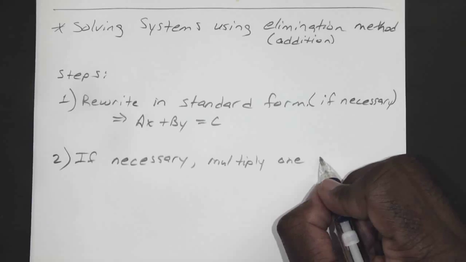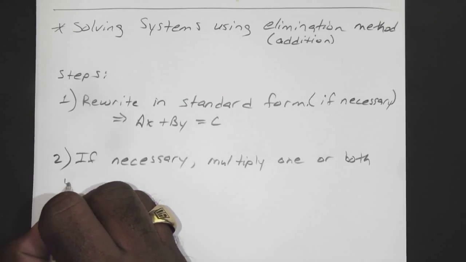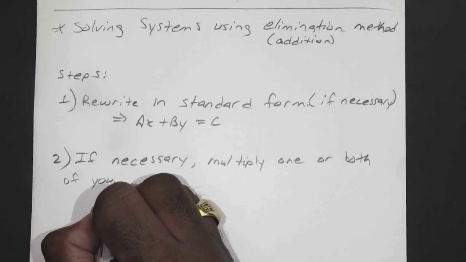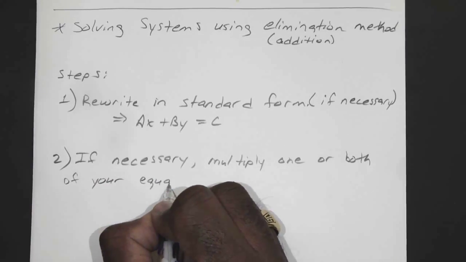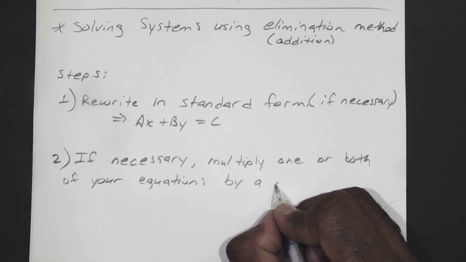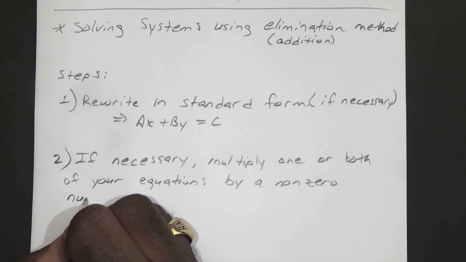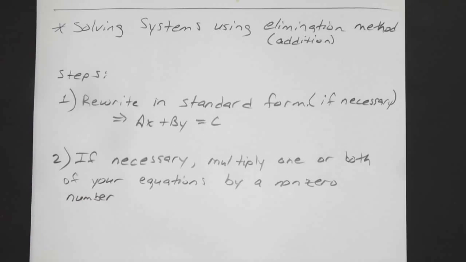But if necessary, multiply one or both of your equations by a non-zero number. And you want to do that because once you add them together, you want either your x or your y to have the same number but different signs.